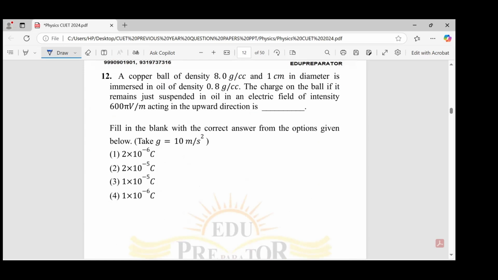Now, question number 12 says a copper ball is immersed in oil and it is suspended in a region of uniform electric field. If you recollect, this is the copper ball. It has weight acting vertically downward. Now the tension acts upward. To balance it, you have another force acting in the upward direction. So for the equilibrium condition, QE plus tension is equal to the weight.